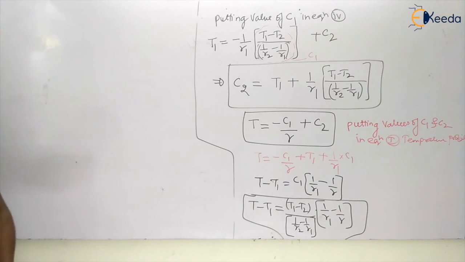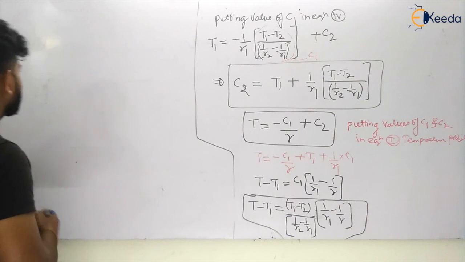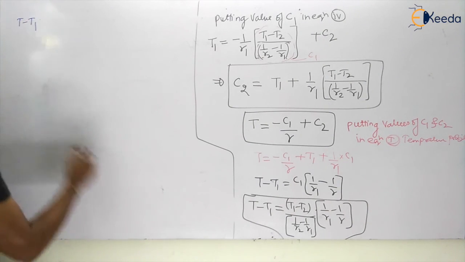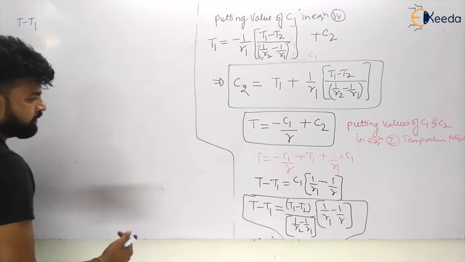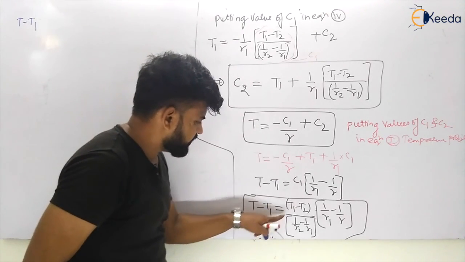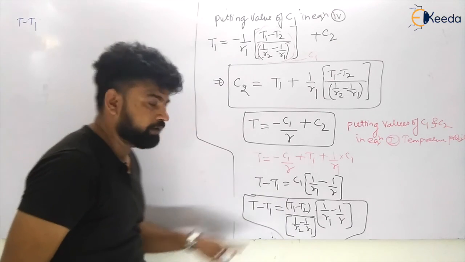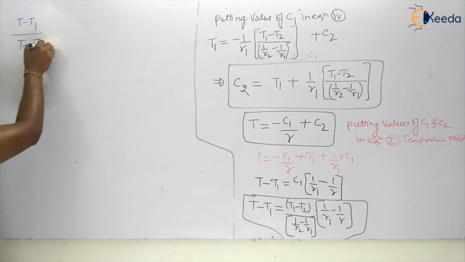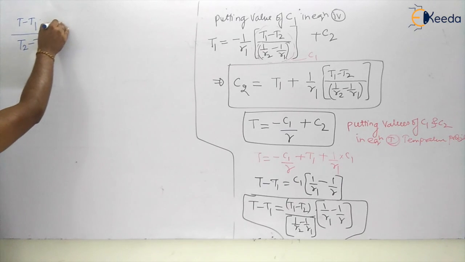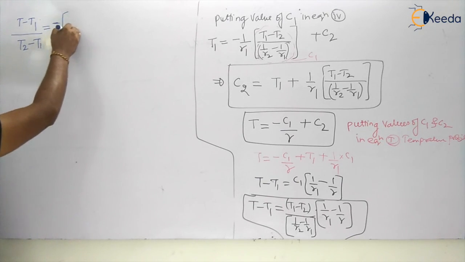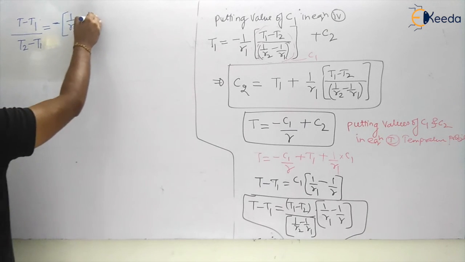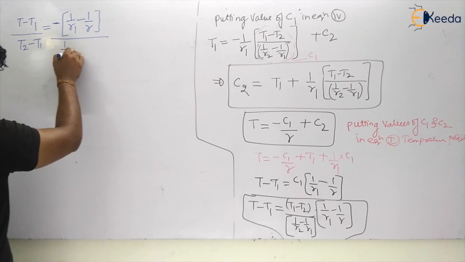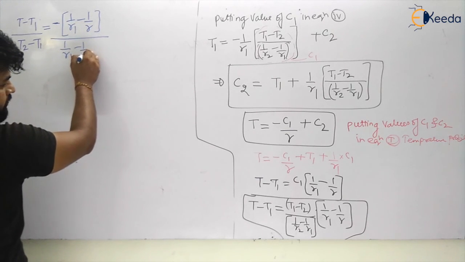So let us see. This will become equal to how much? So T minus T1. Let us take this side, and what I am doing is I am taking the minus sign out. So this will become T2 minus T1, and I am taking the minus sign out. So this will become minus of 1 by R1 minus 1 by R, divided by 1 by R1 minus 1 by R2.